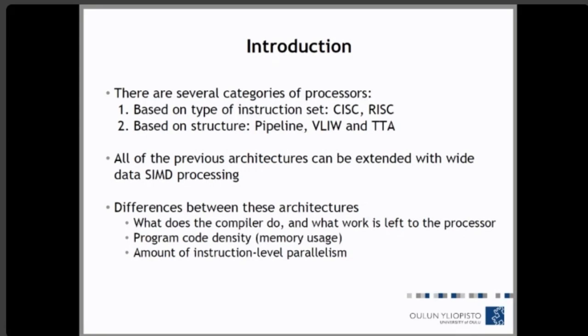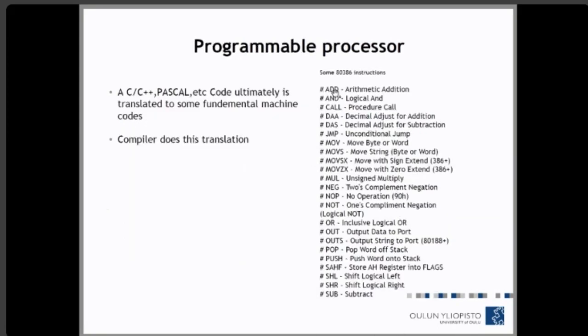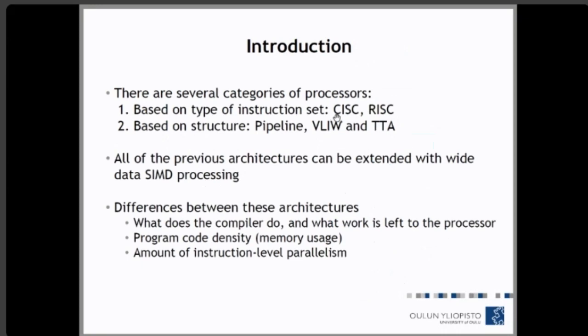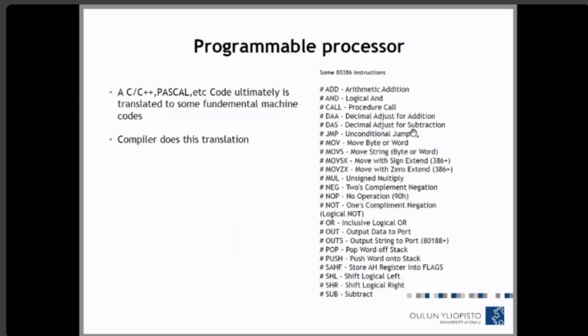So if we divide architecture based on the instruction set, meaning what kind of instruction set we have in the processor, we have two types: CISC, complex instruction set computer, and RISC, reduced instruction set computer.